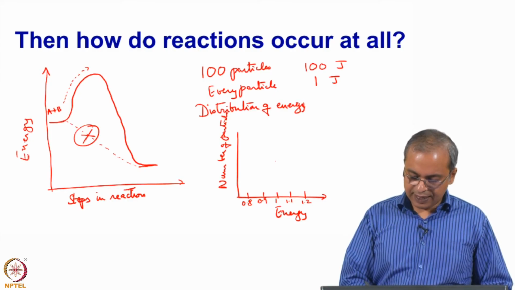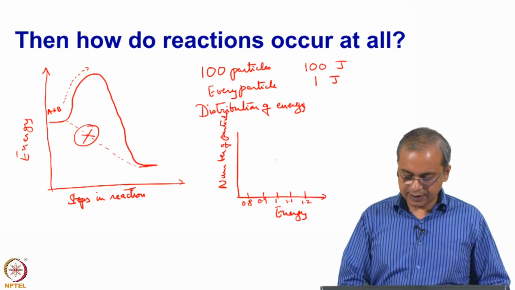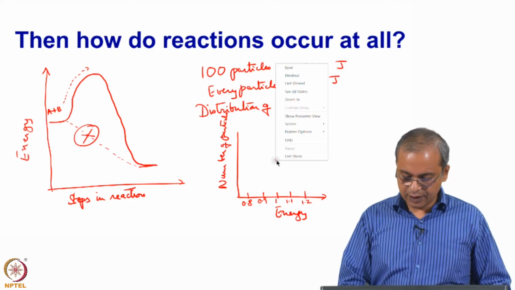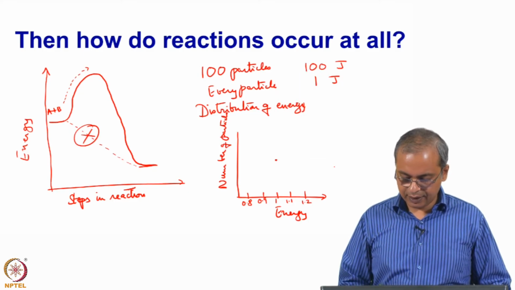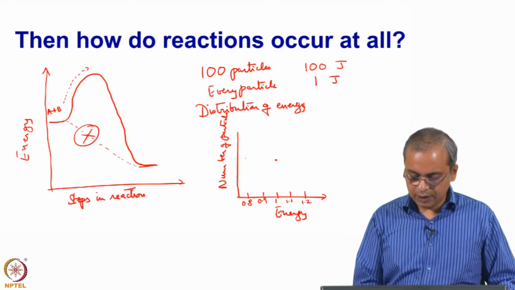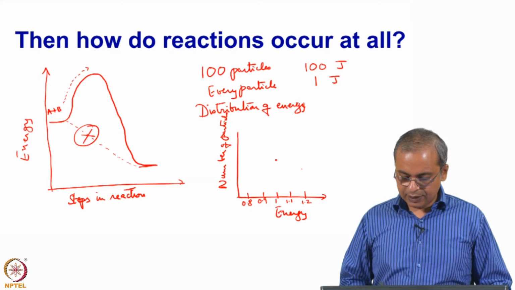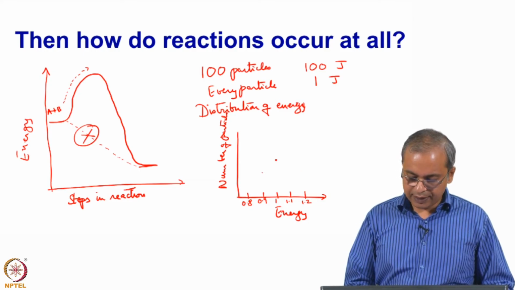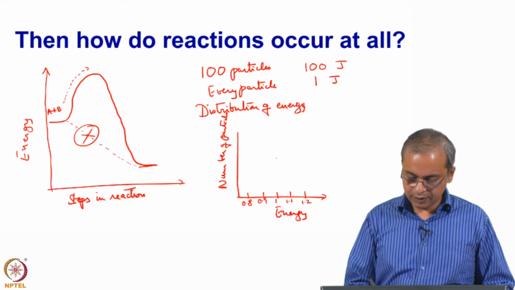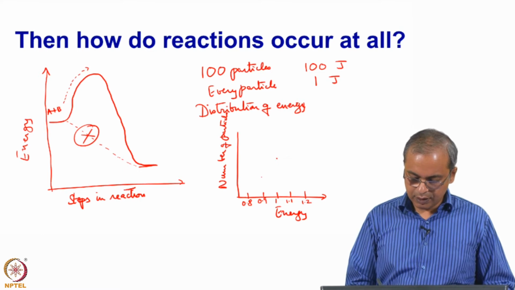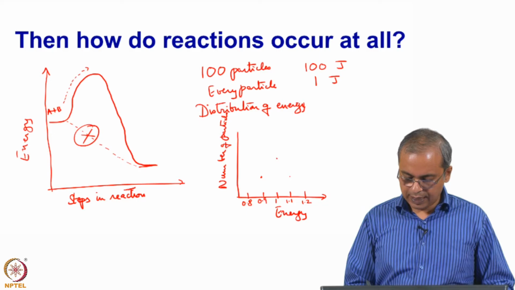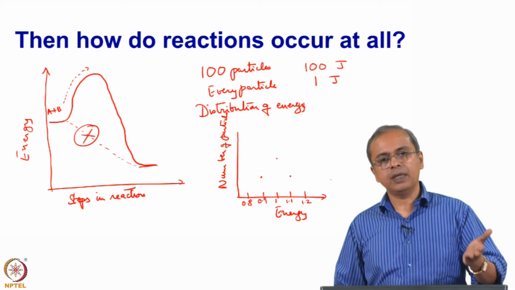Then let us say we have 30 particles sitting at 1 joule, and so you have 70 particles remaining. Let us say 20 particles are sitting at 1.1 joule and 20 at 0.9 joule.